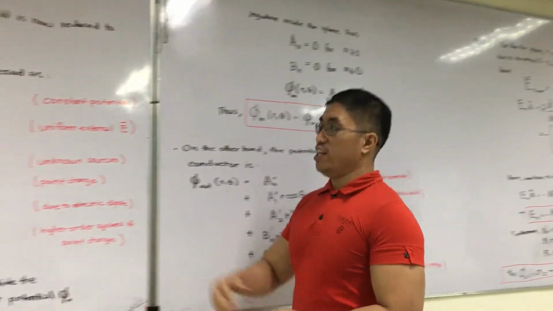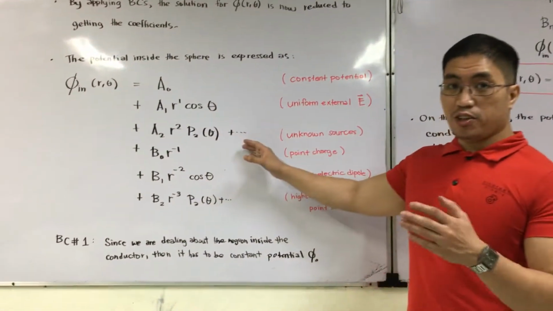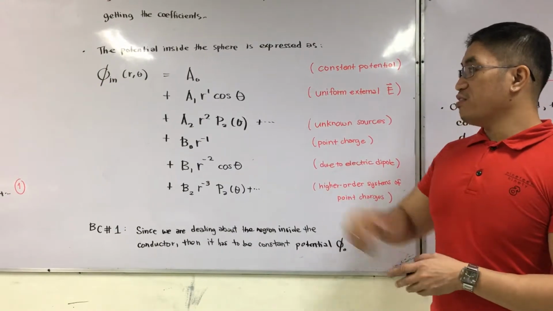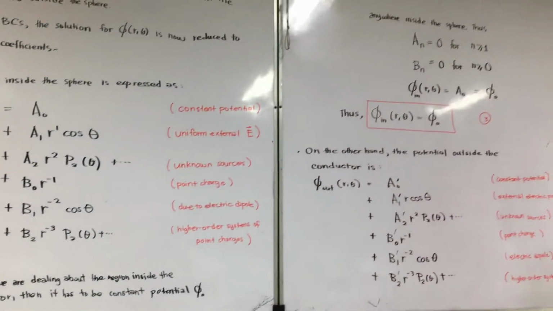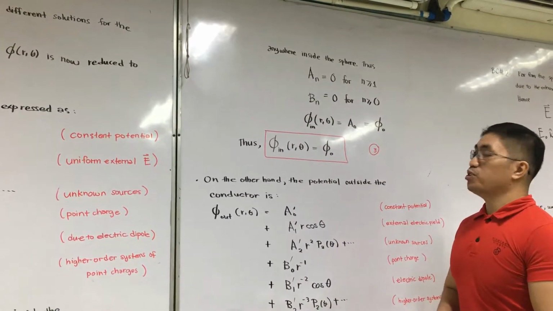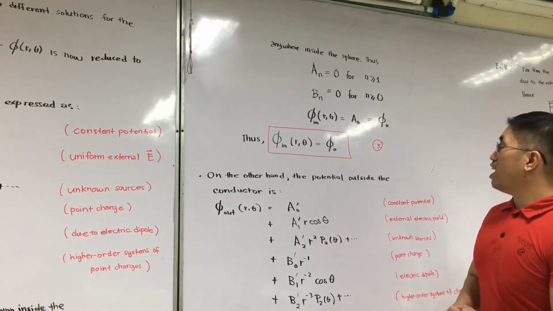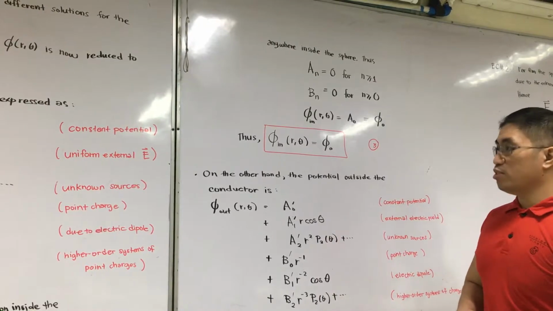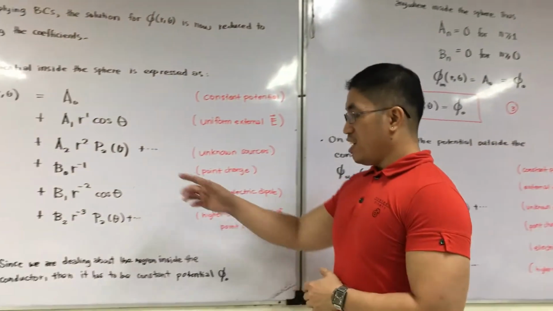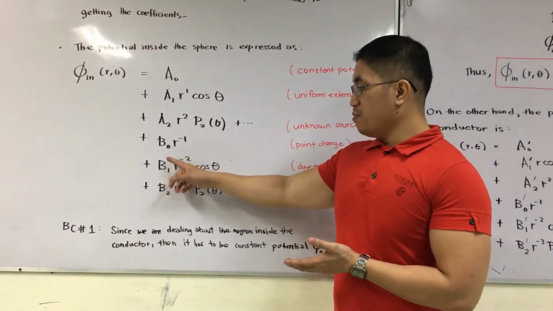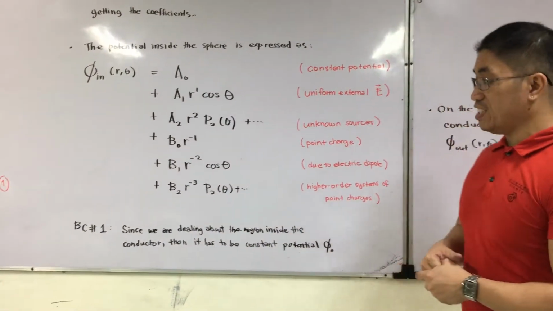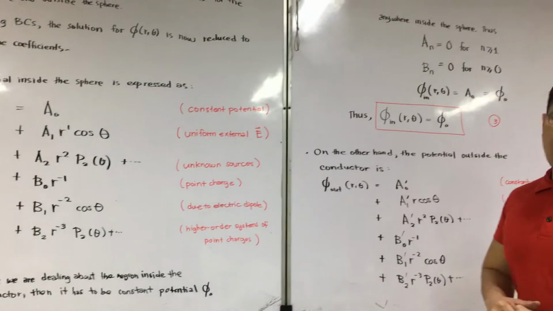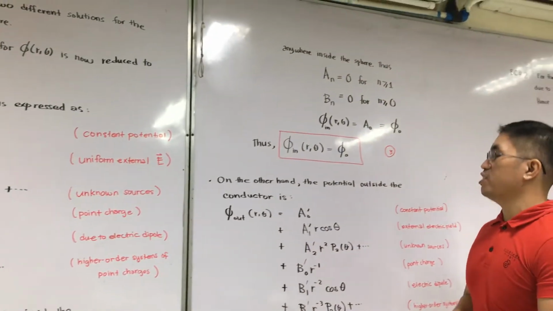If you notice, A1, A2, and higher order A's are r dependent, which will not make it constant. On the other hand, B_n should also be equal to 0 for n greater than or equal to 0. Again, the functions having coefficients B are also dependent on r, and they must not exist in our case since the potential has to be constant inside the conductor.